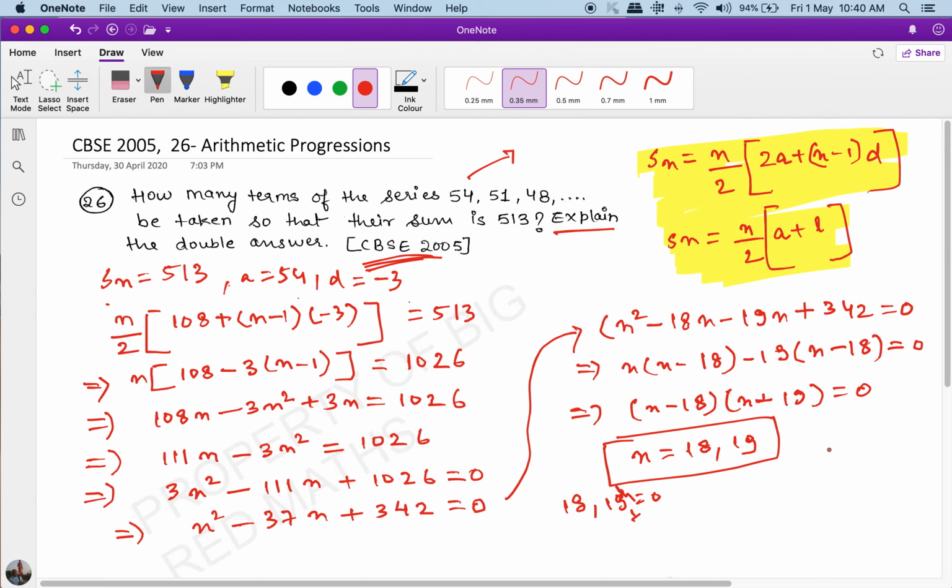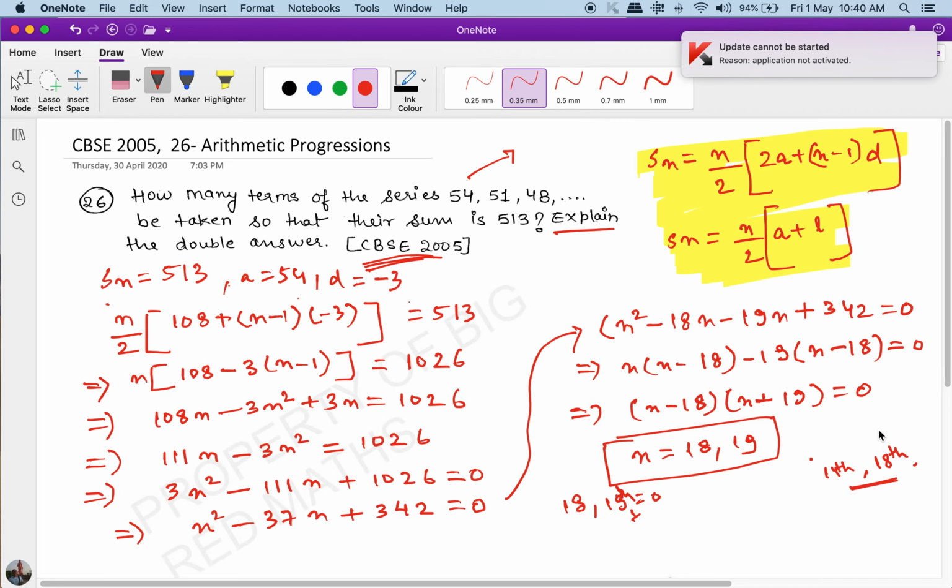Sometimes you can also get that the sum of the first 14 terms and the sum of the first 18 terms are the same, because the sum of the next four terms is 0. You can get this because it's a reducing series, and at one point the series will cross from positive to negative, and the sum of some terms will become 0, hence the double answer.